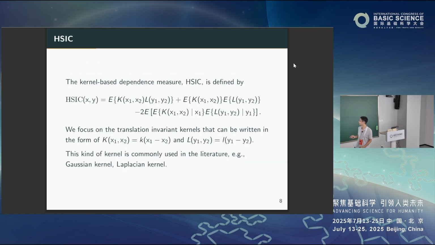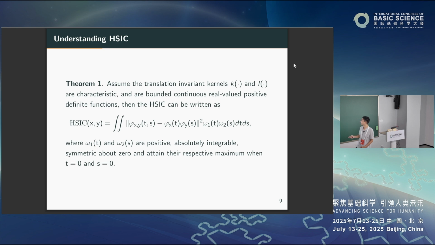The HSIC can be expressed in this form, and the weight functions attain their maximum when t and s are both 0. So this means that it peaks there. So we next investigate how the performance is around there. Okay, that's great. Thank you.